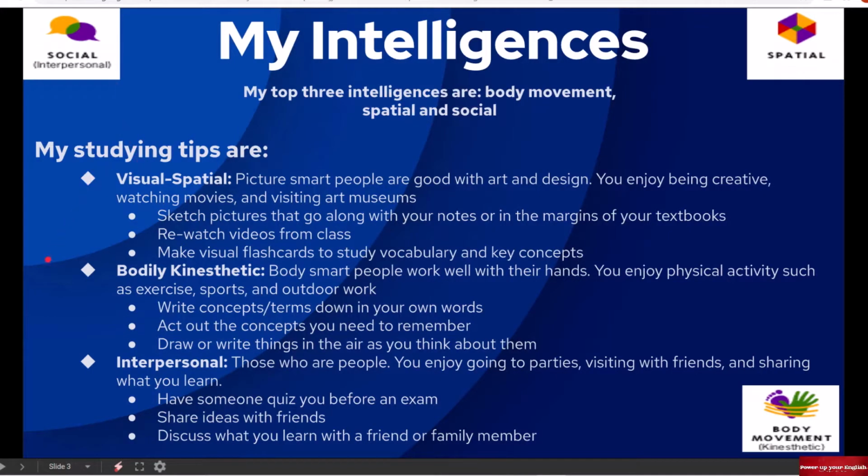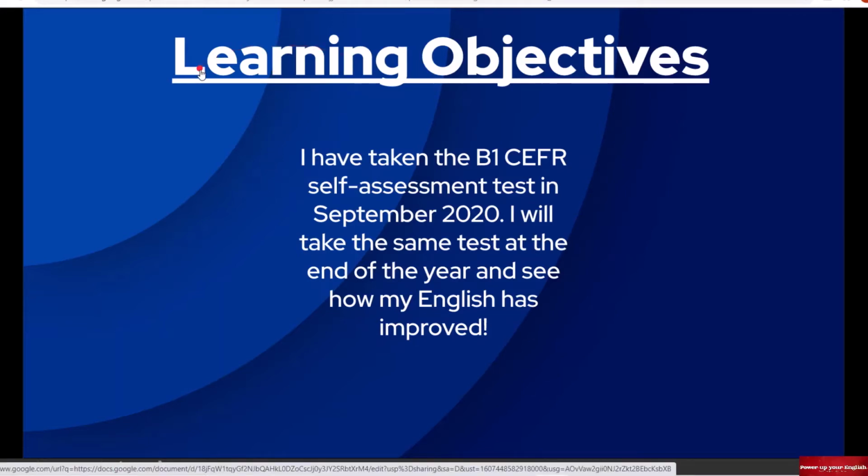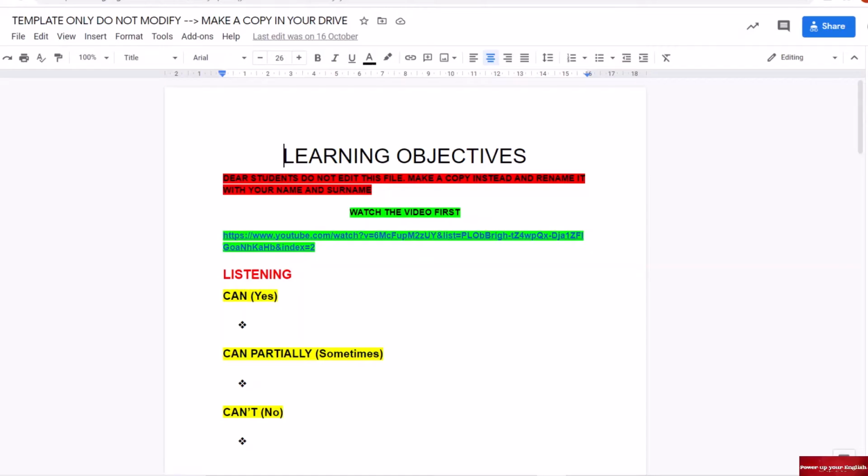After the multiple intelligences, we did our learning objective task. Our learning objective tasks comprised of an Excel file where you had your solutions and a Word file which is attached in this presentation as a link. In fact, if you click on this link, it will open your learning objectives.